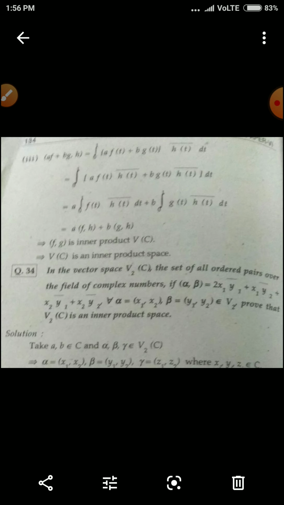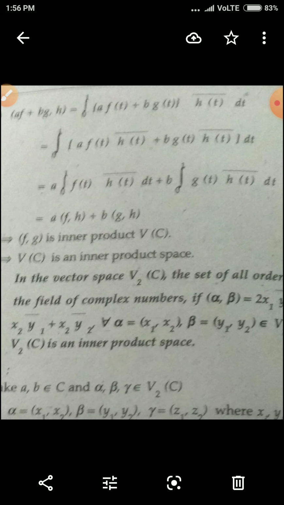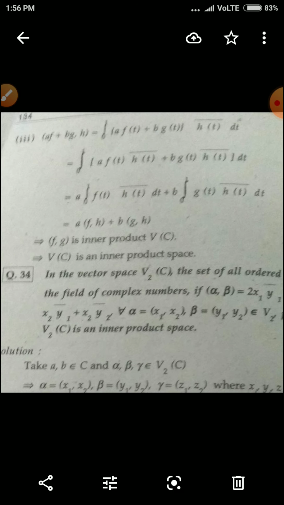Okay. Next, we are going to verify the third property, af plus bg comma h. That is nothing but integral 0 to 1 a times f of t plus b times g of t times h of t whole conjugate dt. That is equal to integral 0 to 1 a times f of t into h of t conjugate plus b times g of t into h of t conjugate dt.